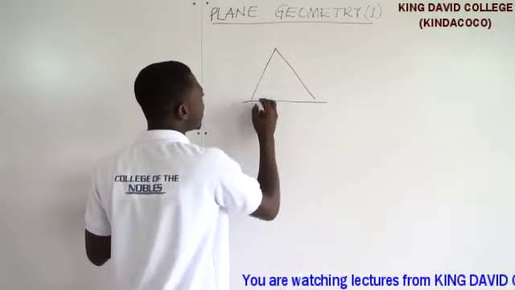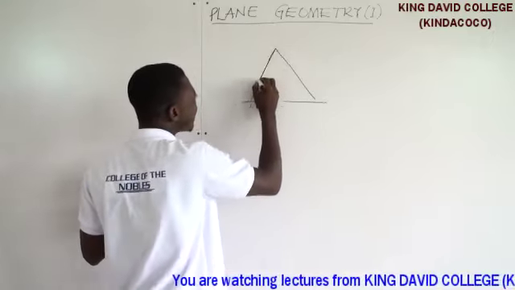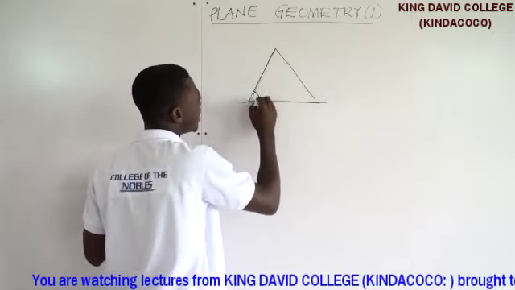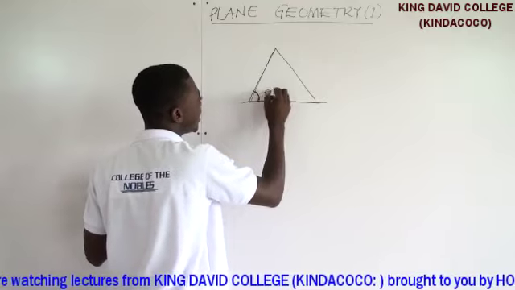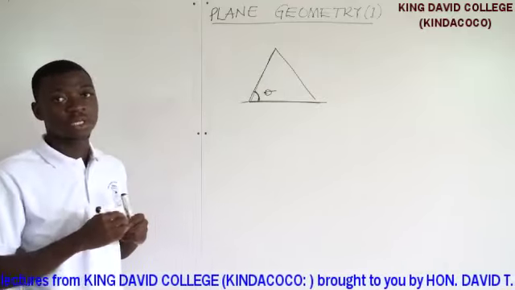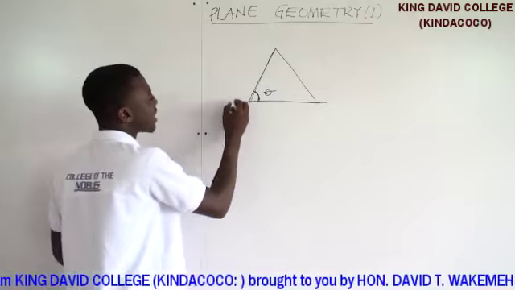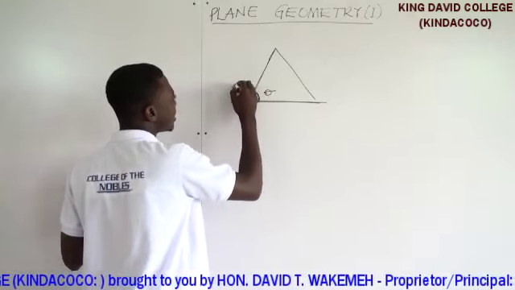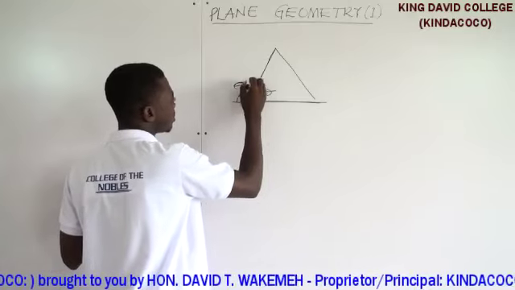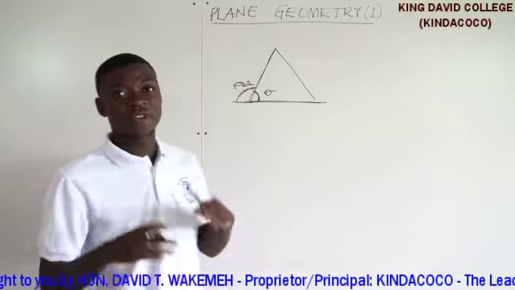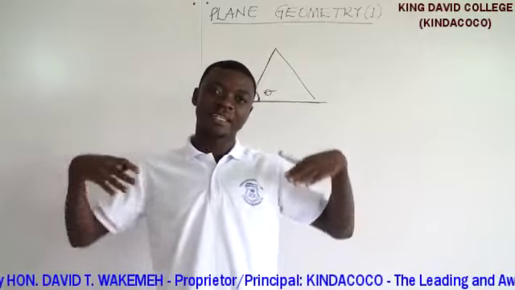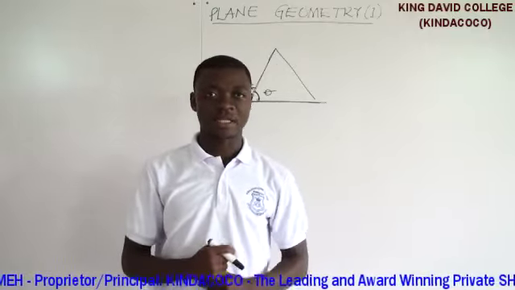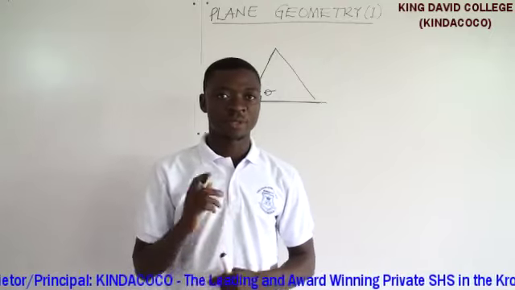Now when we say interior, that means inside this specific shape, the angle that is within it is what we call interior. And then the angle that is external to whatever line is what we call the exterior. So anytime I refer to any interior, it means the angle that is within, and exterior is the angle that is outside. Very well.